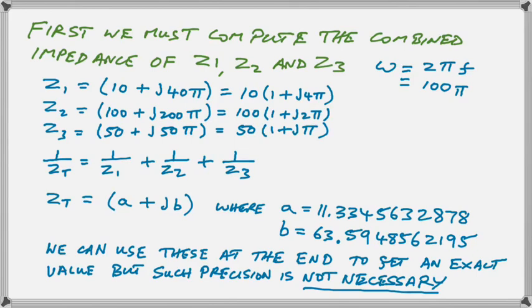After we take the reciprocal of them, add them together, and then take the reciprocal of that, we end up with, of course, a complex number, A plus jB.